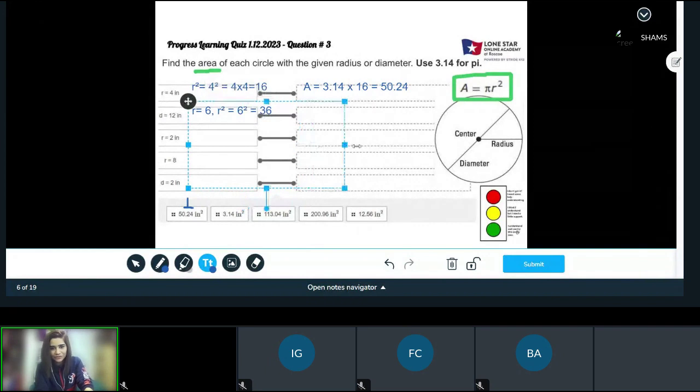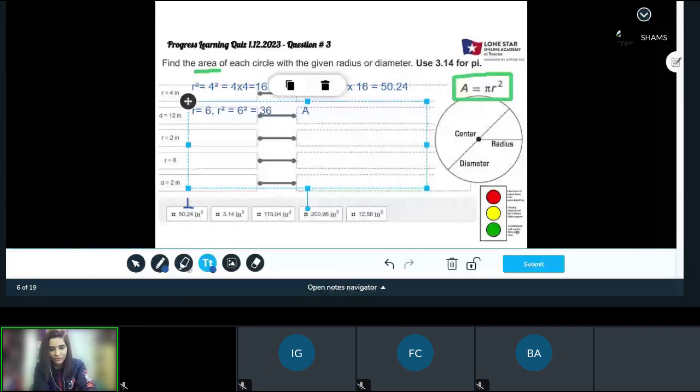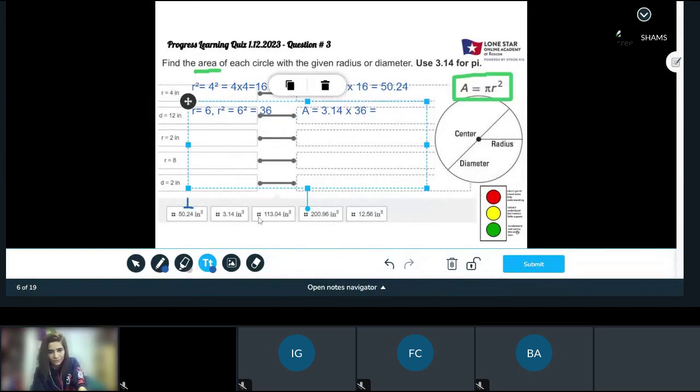To find the area of this circle, you will multiply A equals pi, 3.14, times 36, and you get the answer. People multiply and tell me how much you get. Okay, I got you: 113.04. I'm going to type it out. That will be your answer 2.